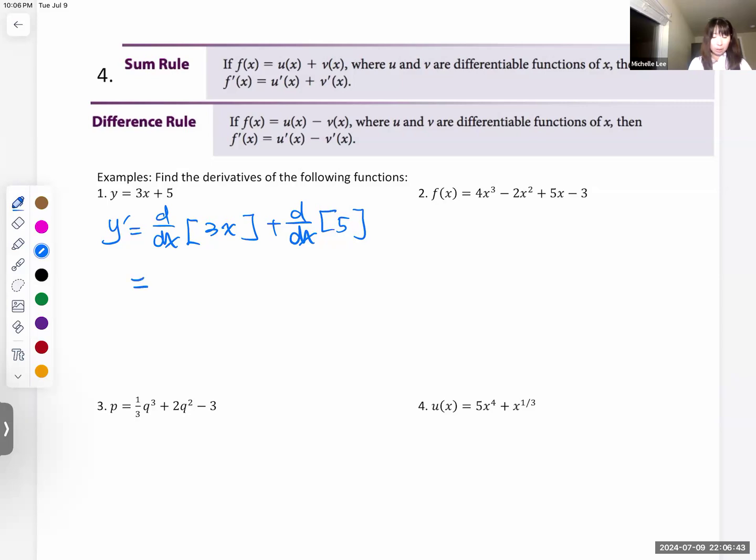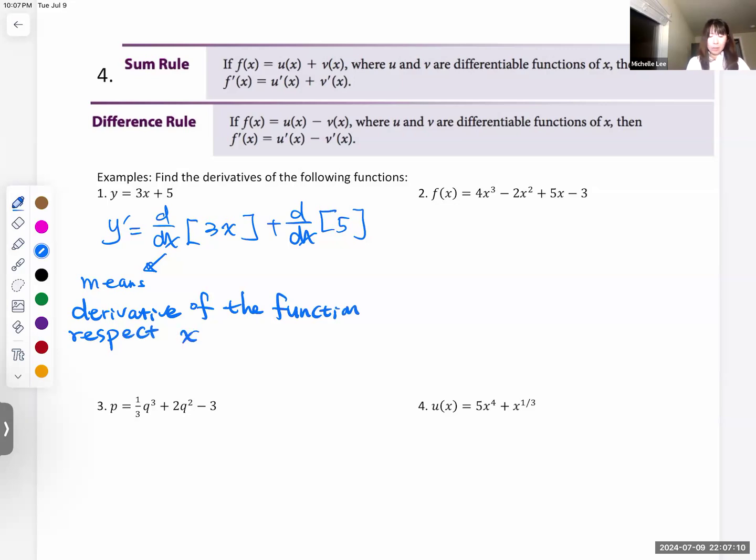Okay, so this means we take the derivative of the function with respect to x. For the first term, we have a coefficient, right? The coefficient is different from the constant, so there will be 3.